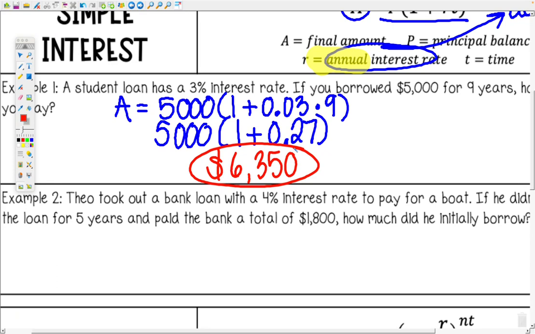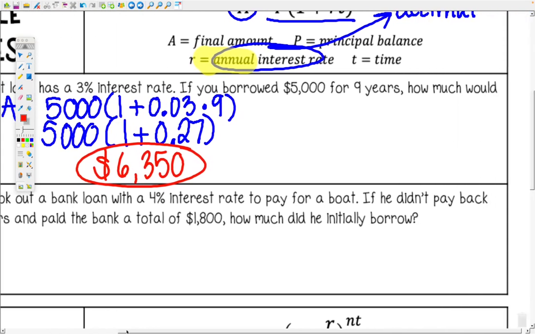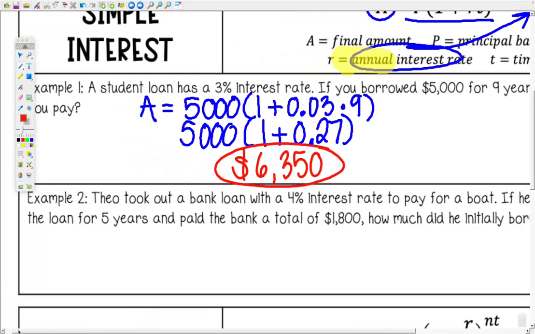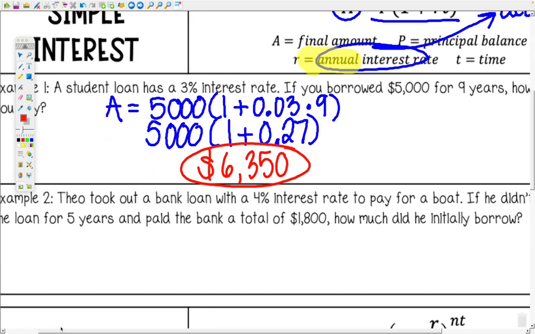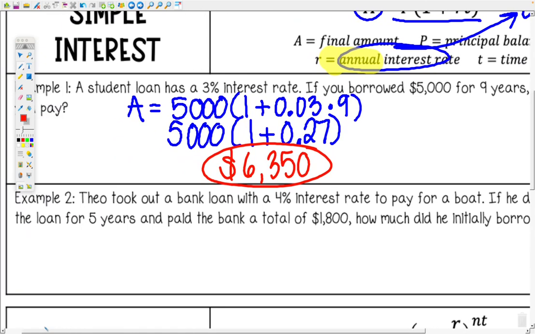Okay, I'm switching over. Theo took out a bank loan with a 4% interest rate to pay for a boat. If he didn't pay back the loan for 5 years and ended up paying them back $1,800, how much did he initially borrow? This time, it's not asking for the total amount paid back, because it's telling you he's paying back a total of $1,800.